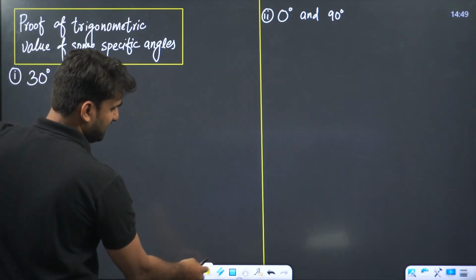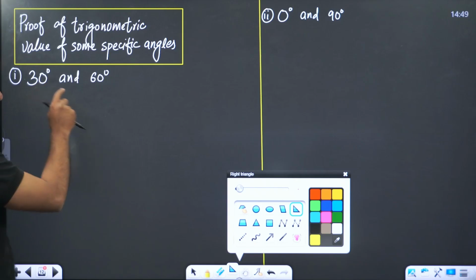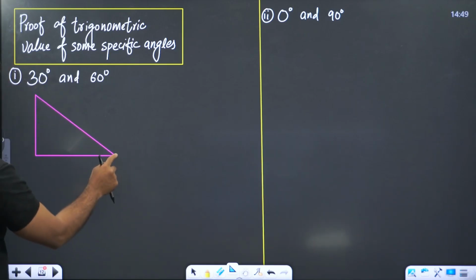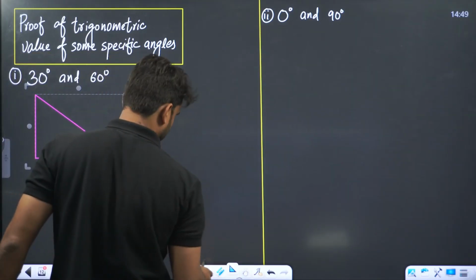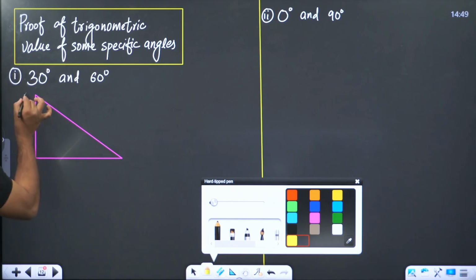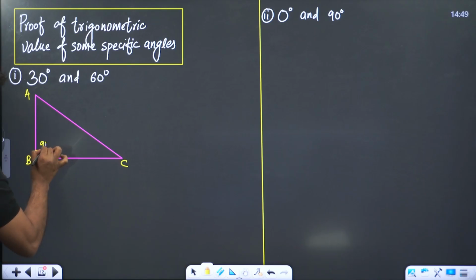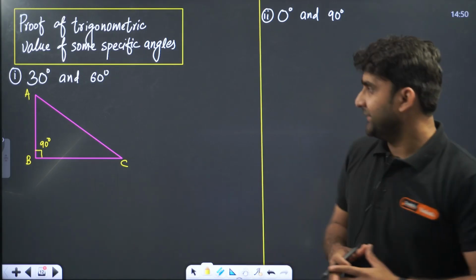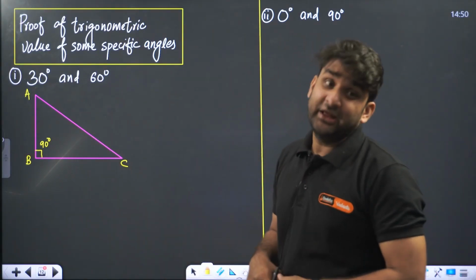So my dear champion, please focus. To find out the trigonometric values of 30 degree and 60 degree, we require a triangle, and in that triangle, 60 degree and 30 degree should be there. So we have triangle, let's say triangle ABC. This is a right angle triangle and the right angle is here. This is 90 degree. Clear everyone? But we are looking for 30 degree and 60 degree.